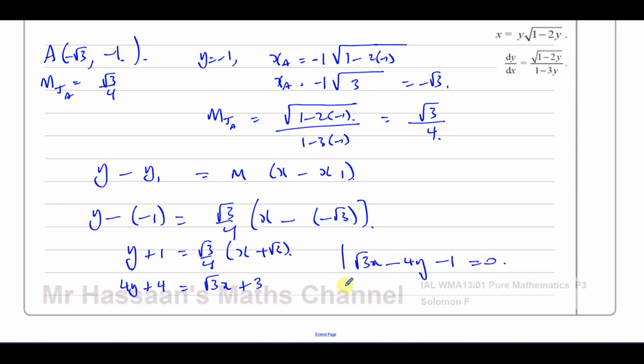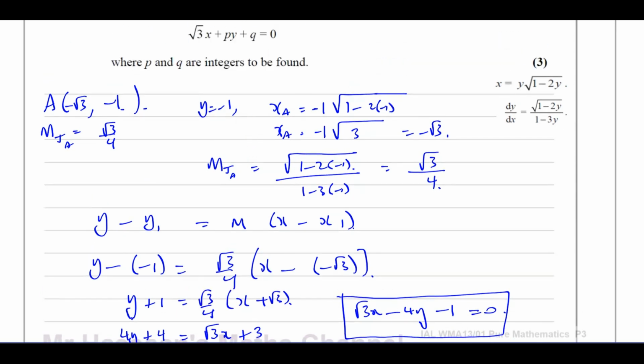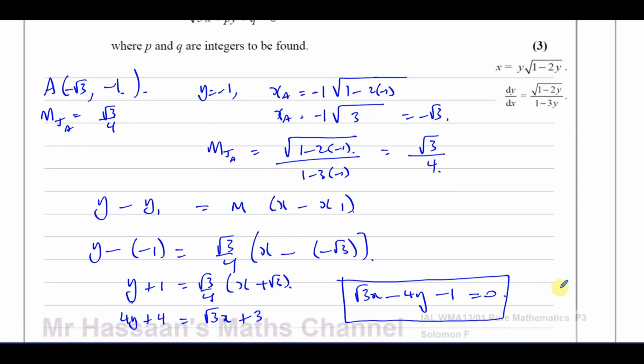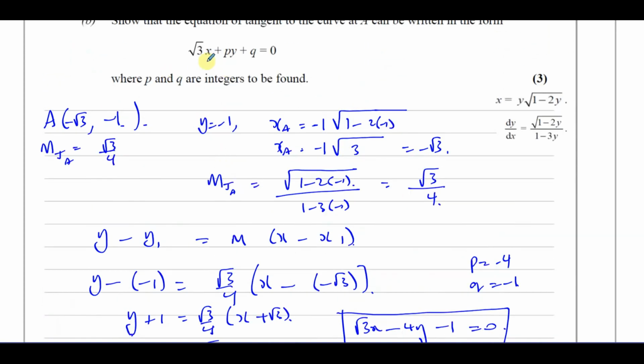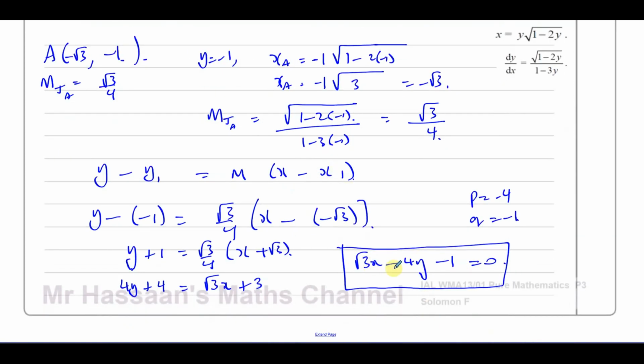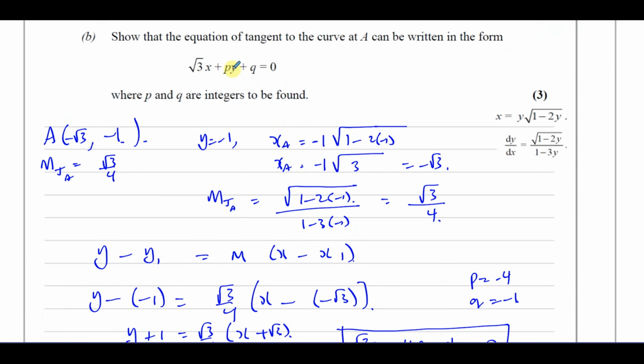So this is the form that we want the answer in. Where it says p and q are integers to be found, it doesn't mean you have to write them down, but we could: p equals minus 4 and q equals minus 1, just to be clear. As long as we have minus 4 here and minus 1 there, that's fine.